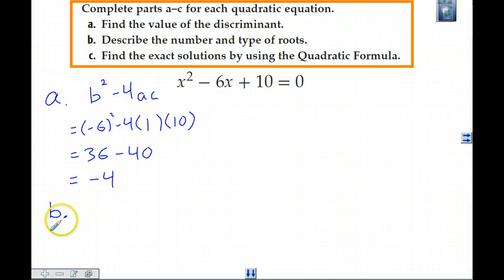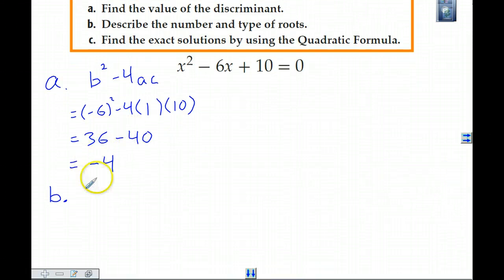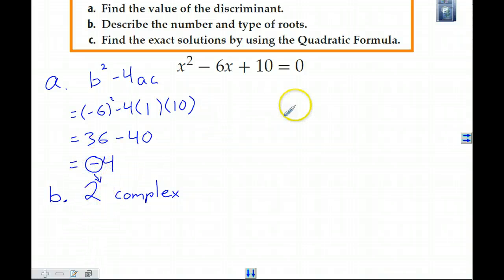Part B. What do we got? 2 complex. Why complex? That's negative. Yes, nothing to do with 4. Negative means complex, which means we're going to be taking the square root of a negative. That's where the complex comes from, because this is inside the square root. So there's a negative, that's where you get the i.